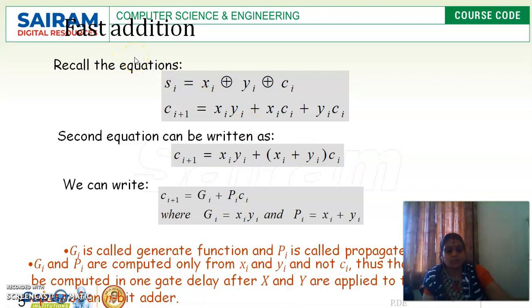Okay, so what is called fast addition? Here we mainly concentrate on the propagation delay. What is propagation delay? Mainly we are concentrating on the speed of the addition, how fast the addition can be performed by the particular circuit, right?